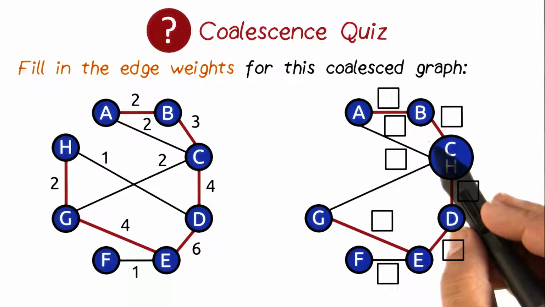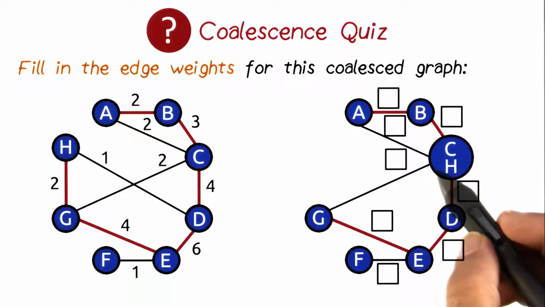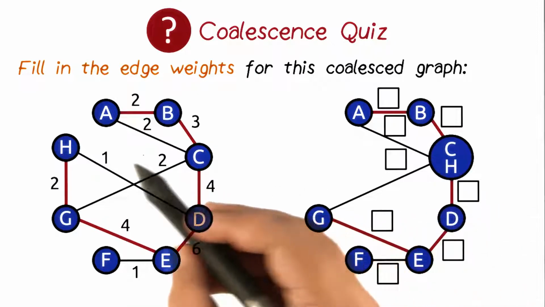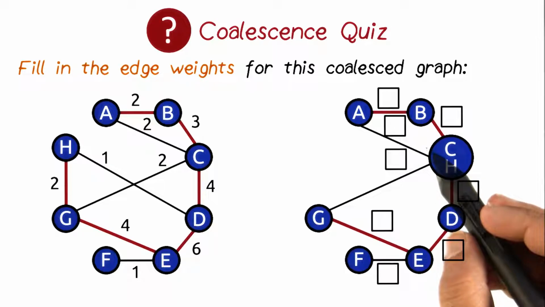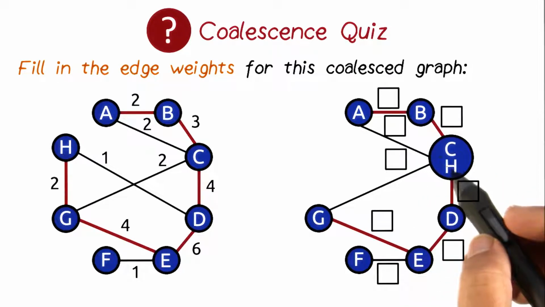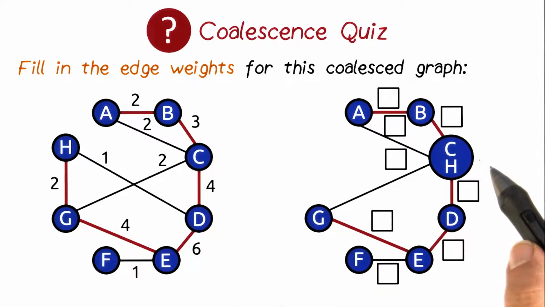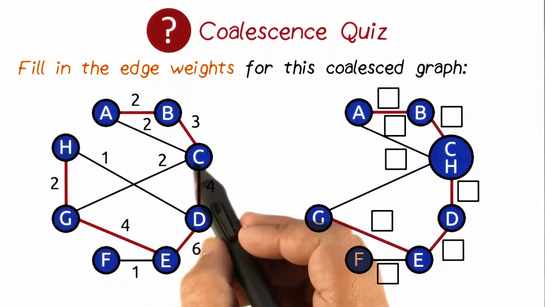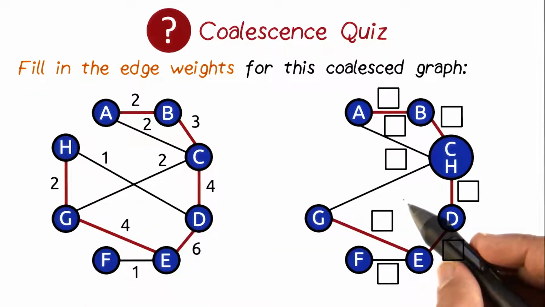What I would like you to do is fill in the edge weights for this coalesced graph, using the original graph for determining these weights. So please go ahead and fill up these boxes with the weights for the coalesced graph using the original access graph as a starting point. Again, we are going to coalesce nodes C and H here. Please go ahead and fill those boxes now.